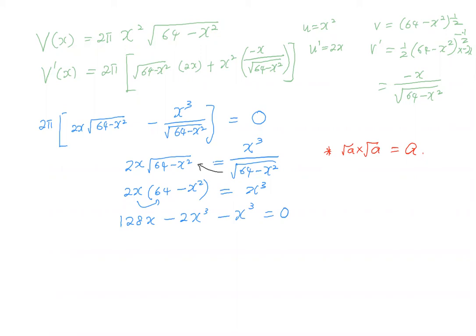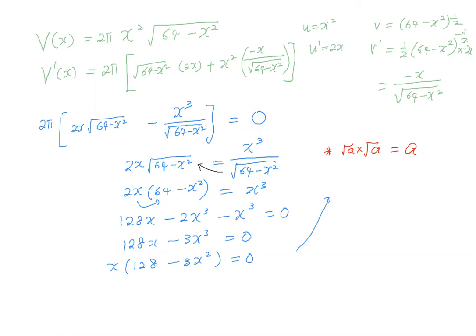So I have 128x minus 3x cubed equal to 0. So I factorize out the x, 128 minus 3x squared equal to 0. So from here, I can have x equal to 0.